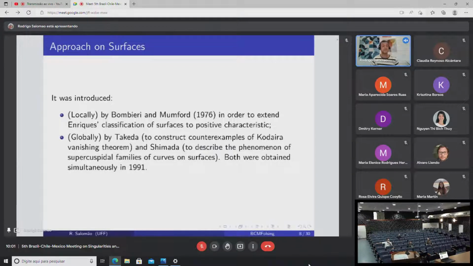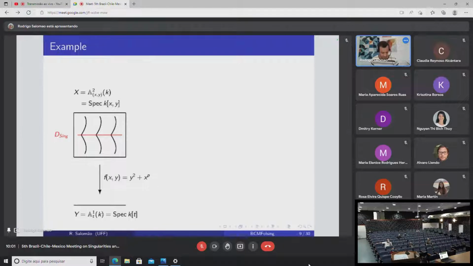To understand this approach, I would like to show an example. I will use exactly the example introduced previously. We have a fibration from the affine plane to the affine line, given by this polynomial here.